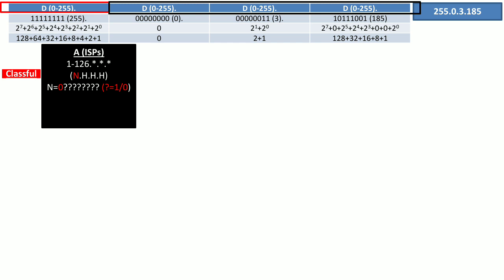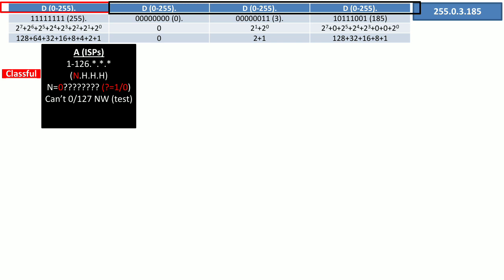So in class A IP addressing, the first bit in the first octet is always 0, and then the remaining 7 bits can be 0 or 1. So the decimal value cannot be 0, and it cannot be 127.